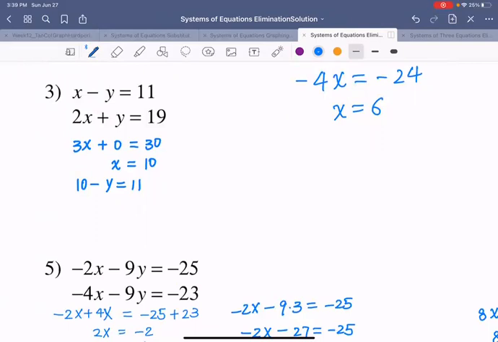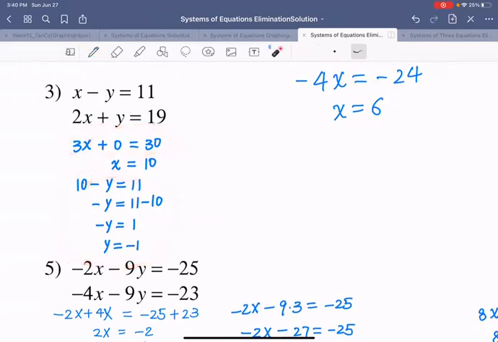Okay, so negative y equals 11 minus 10, which is positive 1. So negative y equals 1. So y equals? Negative 1. Okay. Do you like this way?